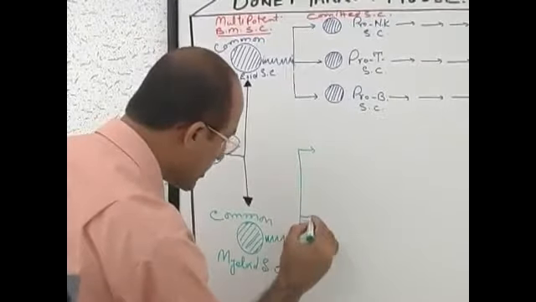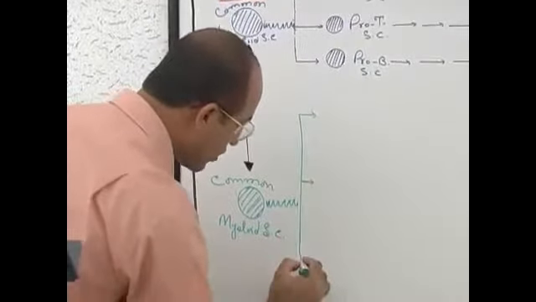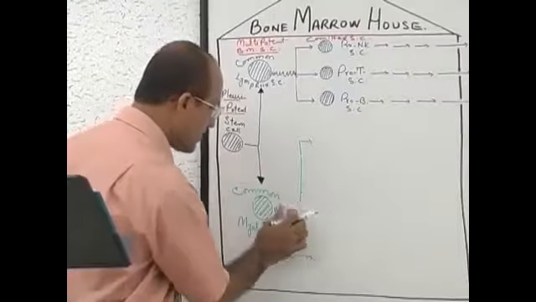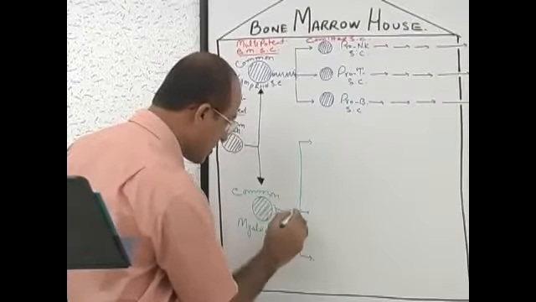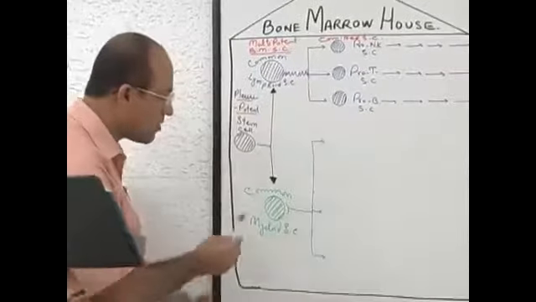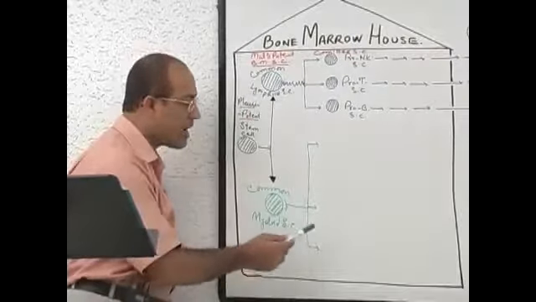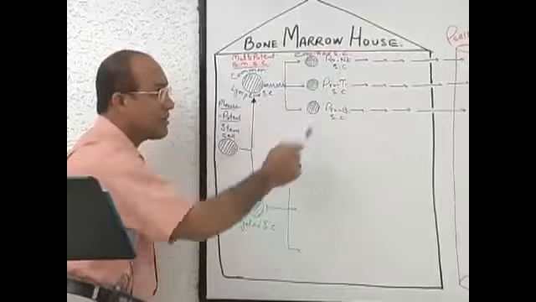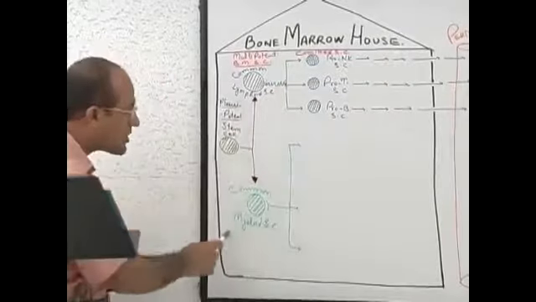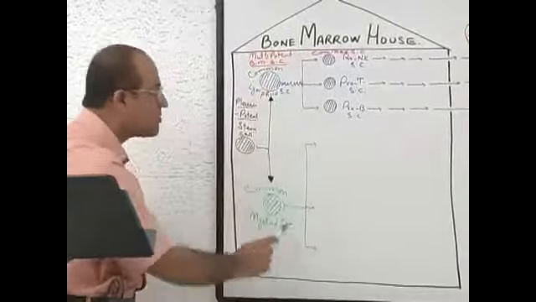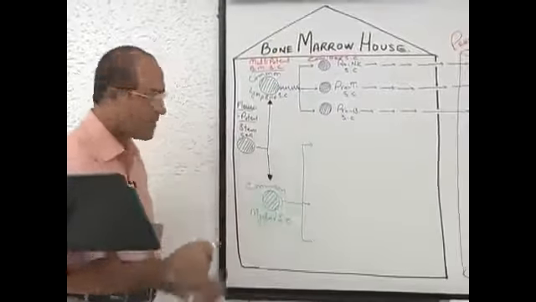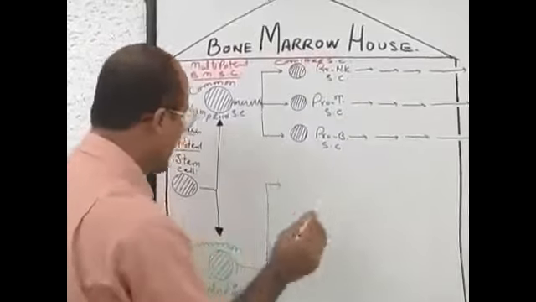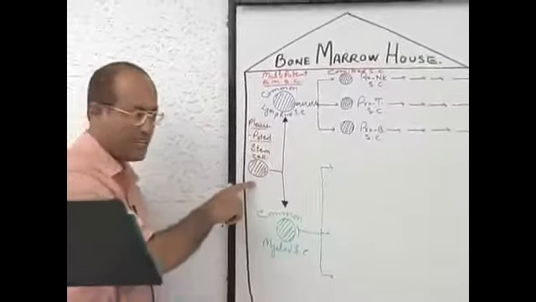And all these 3 should be considered committed stem cells, right? Again, let me repeat it because it's worth repeating that common myeloid stem cell will divide into 3 types of committed stem cell, because these were pluripotent stem cells, then they were multipotent stem cells, then they were committed stem cells, because they have made a commitment to produce certain types of cells. But this cell was not committed. Is that right?